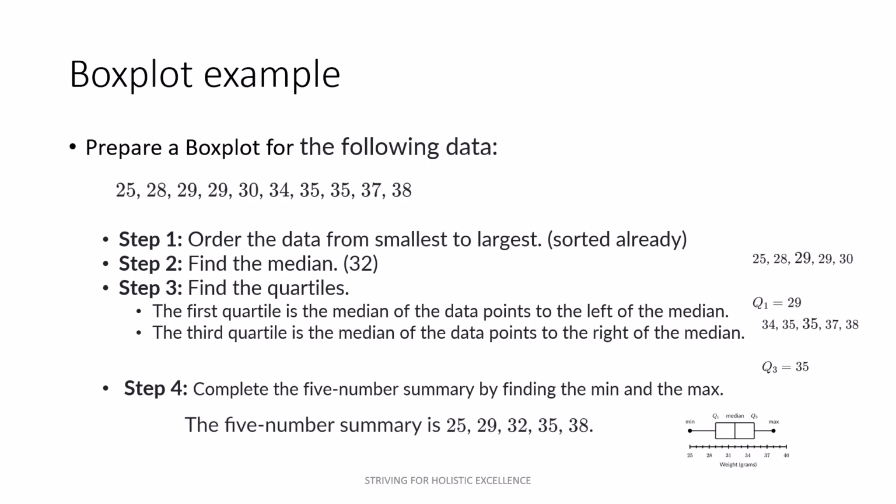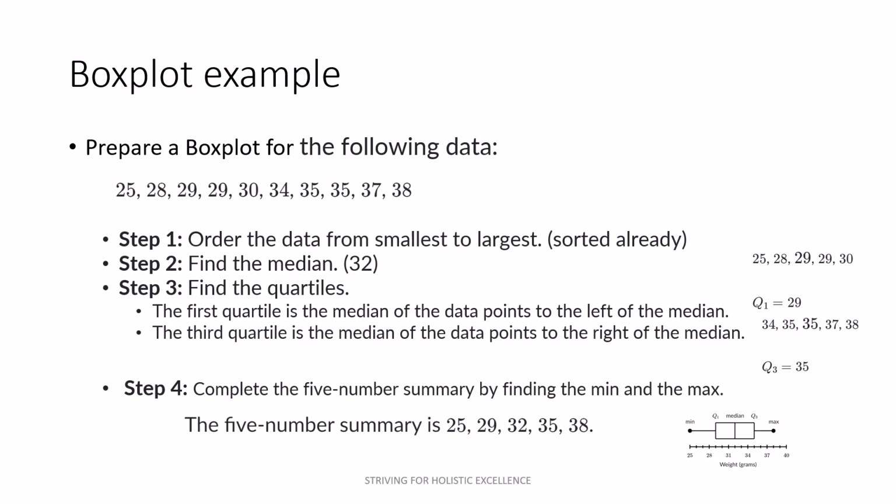So what is Q1? It is the median of the data points to the left of the median. What is the median? Median is 32, right? So to the left of the median, how many values do we have? We have 25, 28, 29, 29, and 30. So we have 5 values. Just divide 5 by 2, so we will get 2.5.